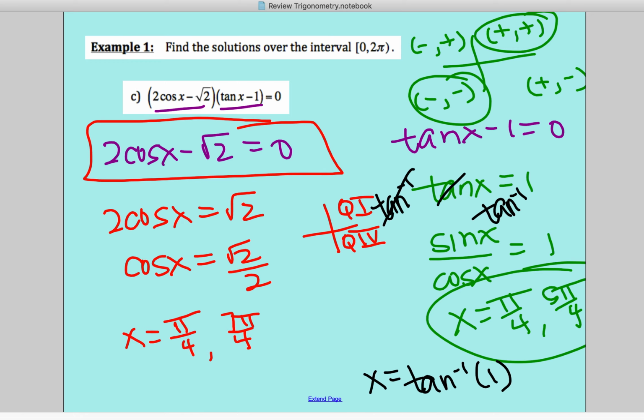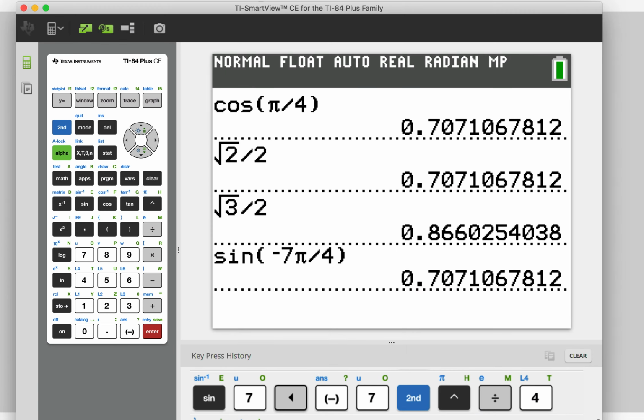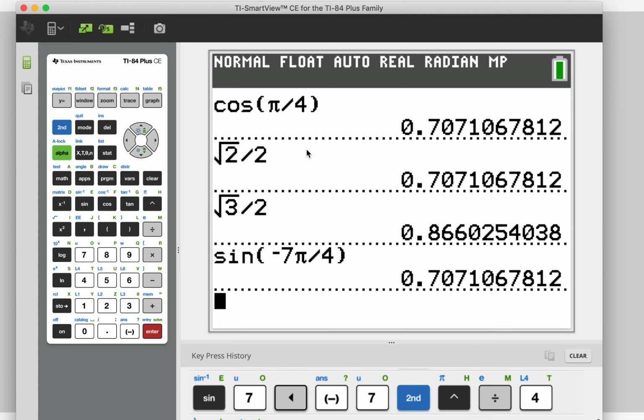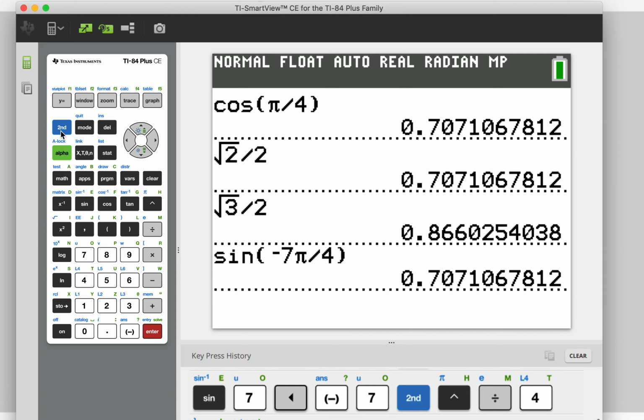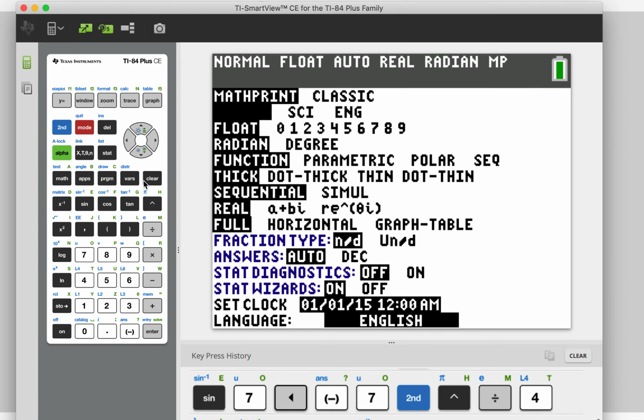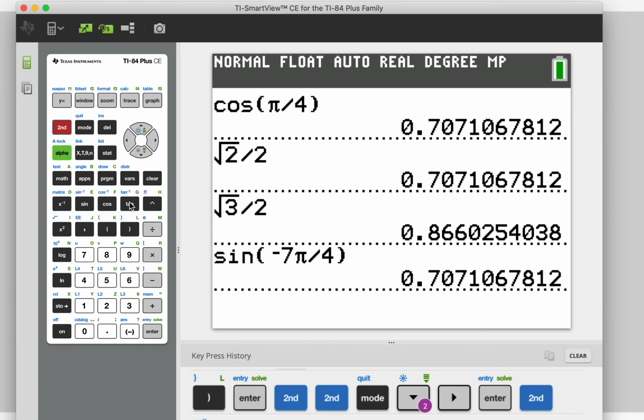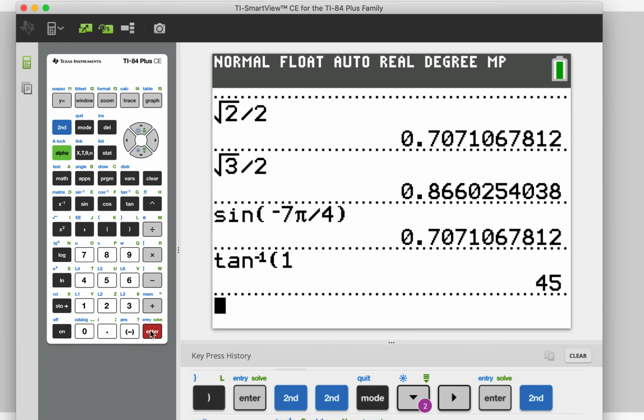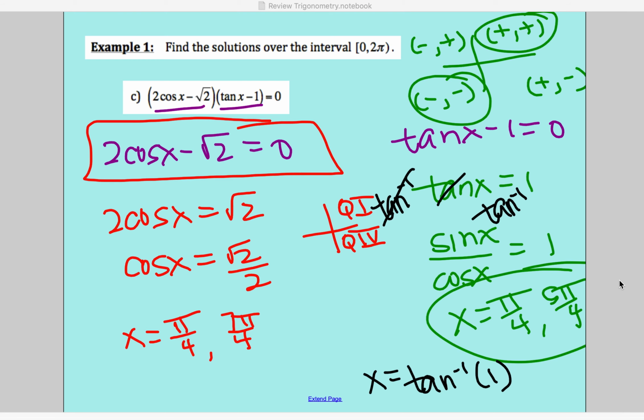This one, it's actually easier to leave your calculator in degrees whenever you're doing the inverse, and we'll convert it into radians. So we have to change our mode because I am in radians. So mode, changing it to degrees. And then I would go ahead and do tangent inverse of 1. It tells me one answer is 45 degrees, which is what we got.